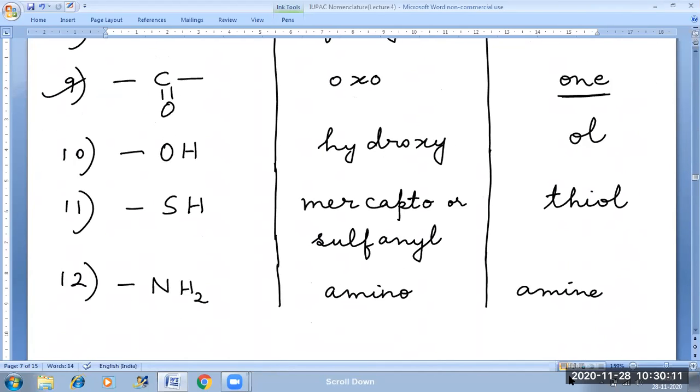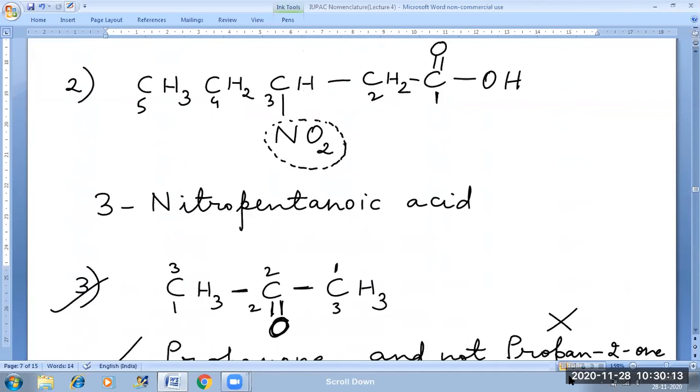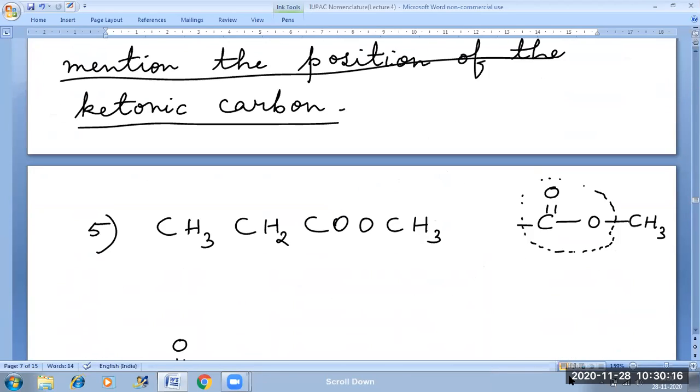Let's understand what that is. COO is ester. Since apart from ester nothing else is present, that becomes my principal functional group. Since that has become my principal functional group, I will use the suffix for that. So the suffix is alkyl alkanoate. Alkanoate rather. So what is that? That we have to see now.